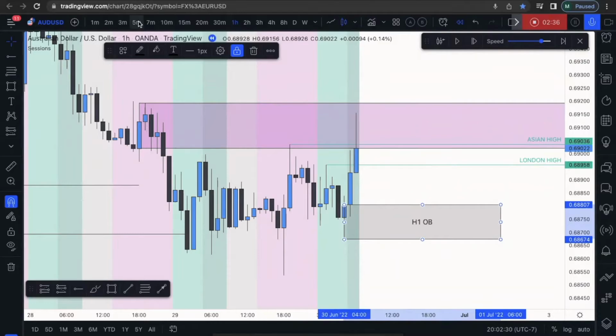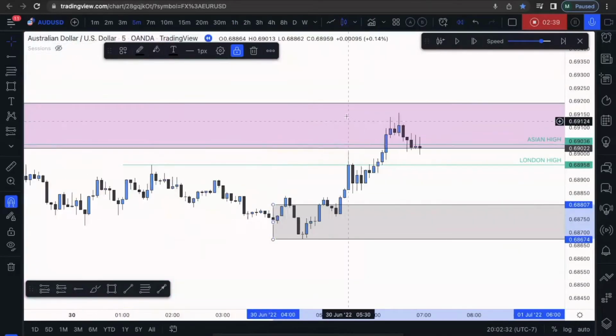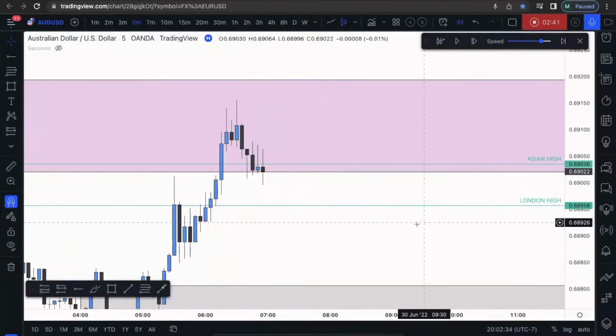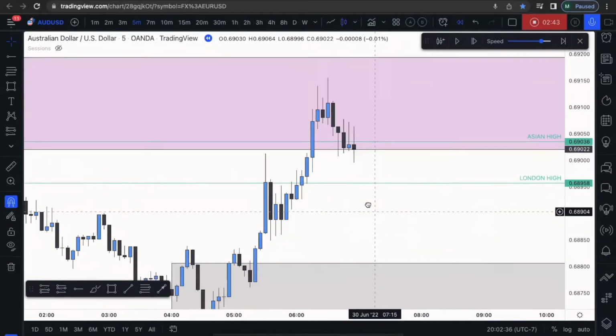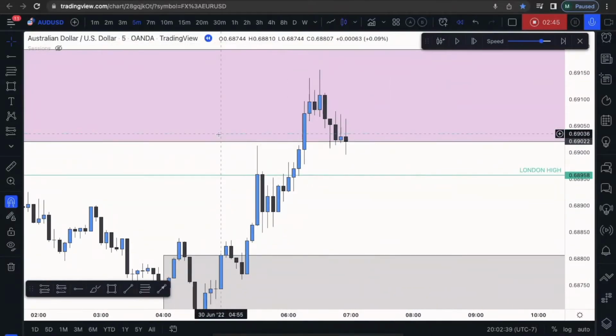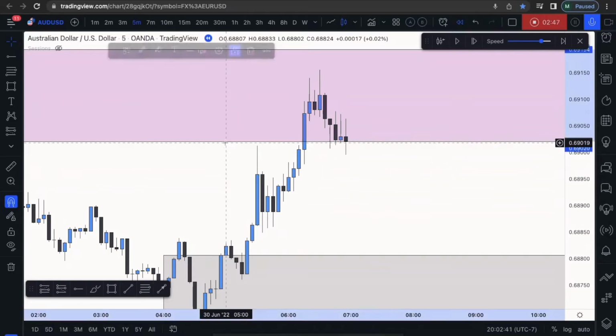So I went to even lower time frame to see what price is doing, and let me just delete a few of this so my chart looks a bit cleaner.